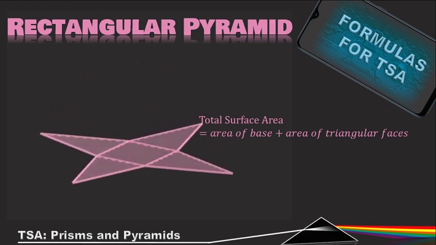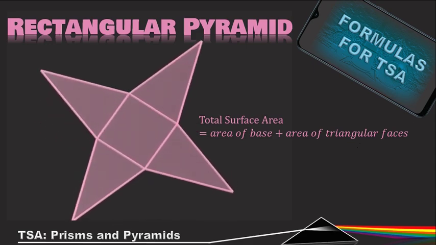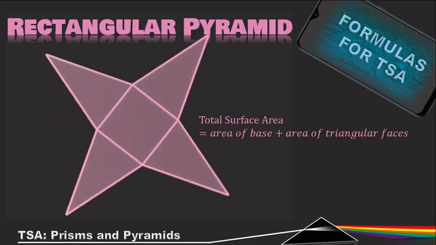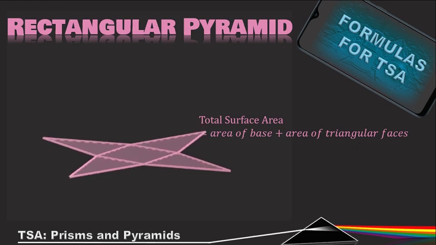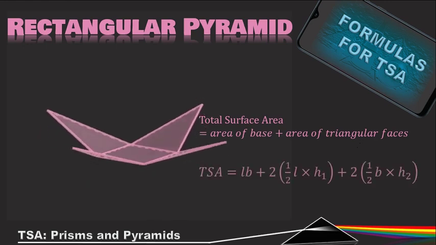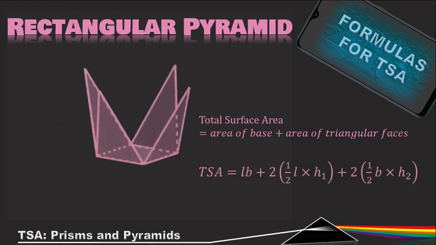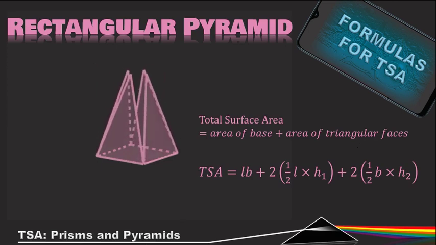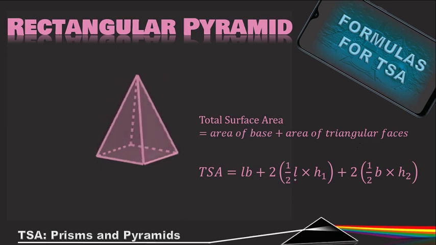And most textbooks just leave it at that, where that is basically your formula for it. We can write it as length times breadth, where the length times breadth just represents our base, and then the 2 triangles. Now it also depends: if the base is a square, you can work out 1 triangle and multiply it by 4.